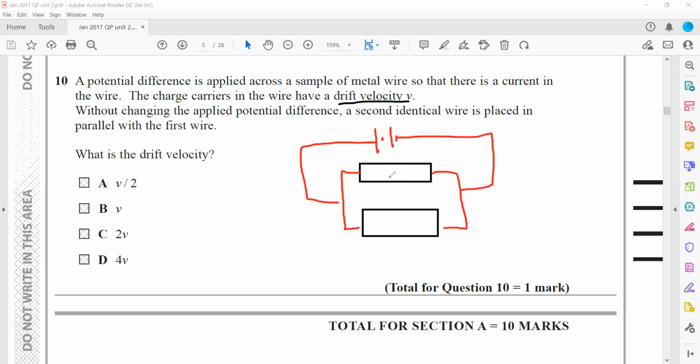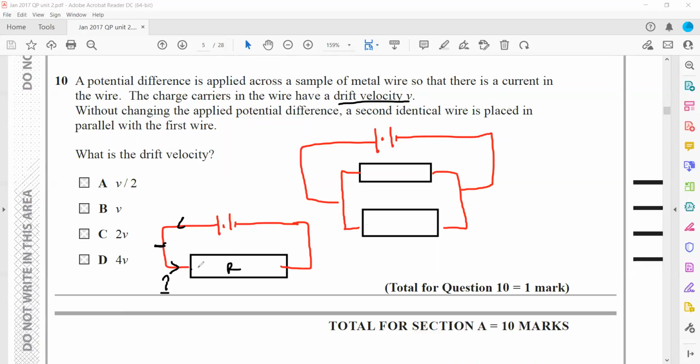If we were having only a single wire, consider it as a resistor. The current is I, the resistance is R, the drift velocity is V, and the voltage applied is capital V.